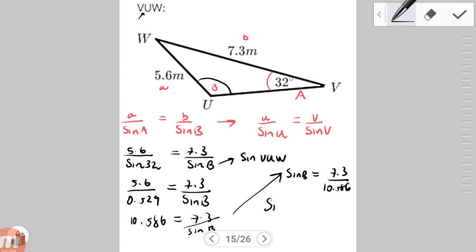That will give us a result that sine B is equal to 0.689, or 0.690 rounded off. All right.